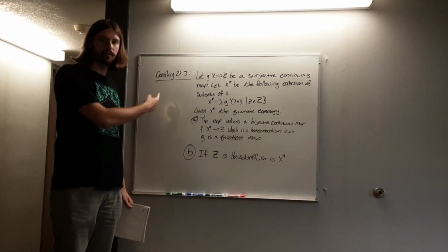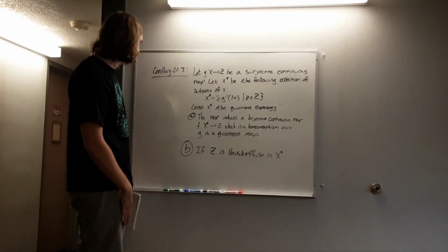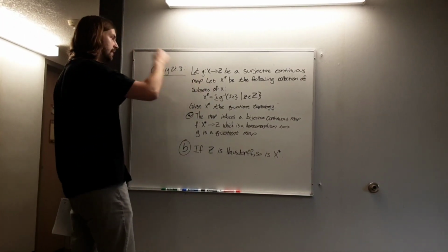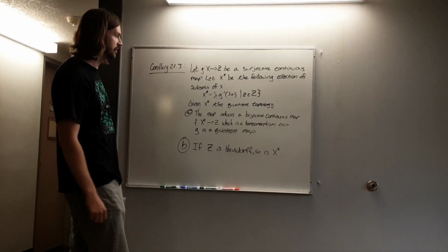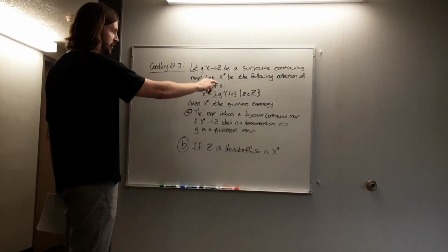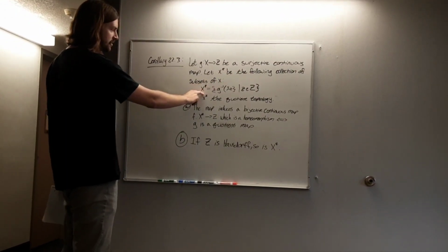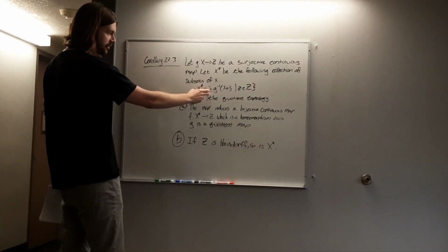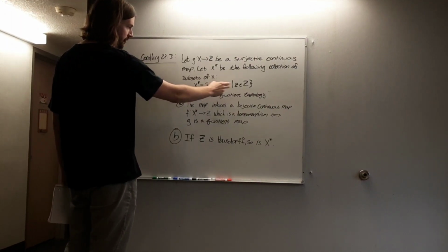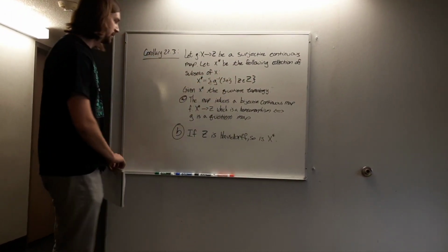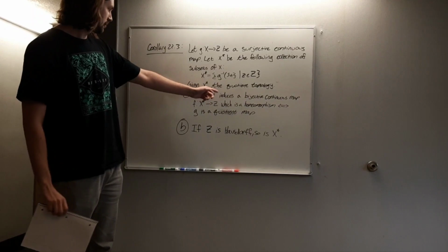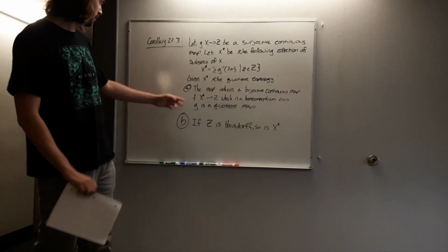Okay, so here we have corollary 22.3. Corollary 22.3 basically says that we let G from X to Z be a surjective continuous map. We let the partition of X be the collection of sets G inverse of z for z in Z. If we're given the partition of X, the quotient topology has these two things.